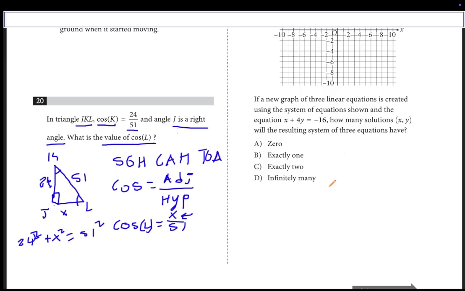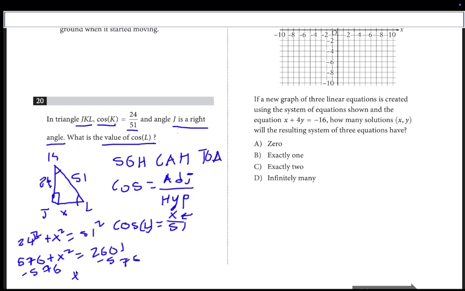So 24 squared, which is 24 times 24, that's equal to 576, plus x squared is equal to 51 squared, which is equal to 2,601. So we're going to simplify this as we just want x by itself, minus 576 on both sides.